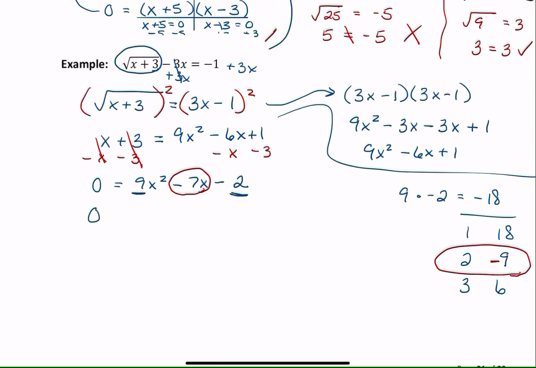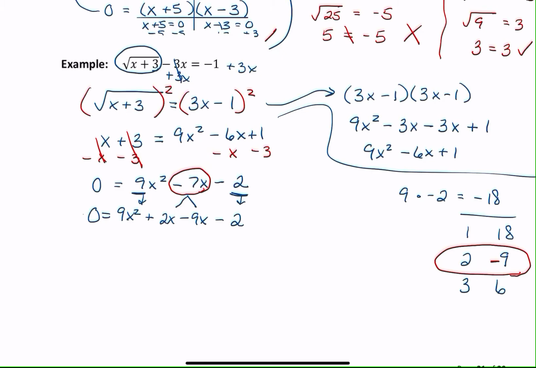So I'm going to unadd the negative 7, so I'll have 2x minus 9x, and then bring down your other two terms. So I've got 9x squared plus 2x minus 9x minus 2, and that equals 0.